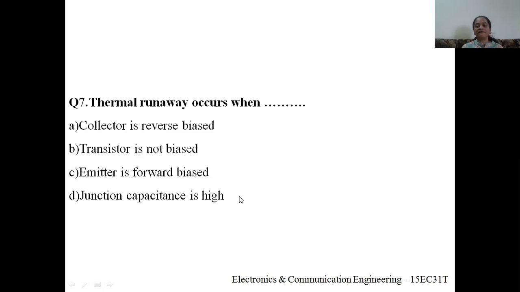In that I clearly explained that thermal runaway is a sudden rise in collector current, so that the temperature increases, and this in turn increases the reverse saturation current and the transistor may be destroyed. That's called thermal runaway. So to avoid thermal runaway, we go for biasing. So thermal runaway occurs when transistor is not biased. So answer is B.